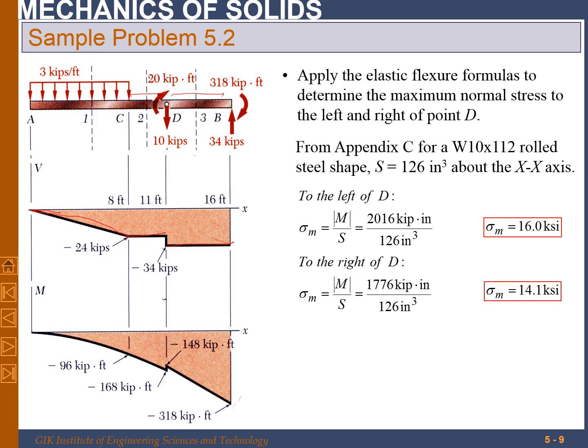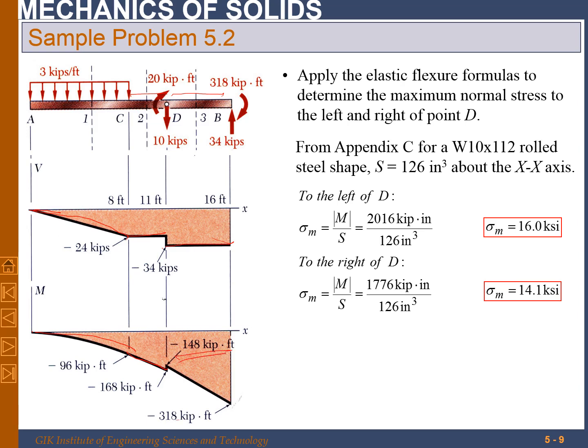So it's a parabolic curve from A to C. Then it's a straight line from C to D. Just before D, it will be a straight line, and just after D, it will be minus 168 plus 20 kilopound, so that will become minus 148 kilopound feet.